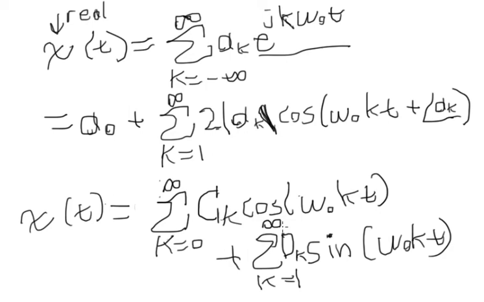Now, it's not too hard to show that these are equivalent. You can pick a big C and a big D that's going to match some particular choice of AKs here. And essentially these CKs and DKs conspire to give you the cosine of the right magnitude, and they'll conspire for those cosines to all have the correct angles.